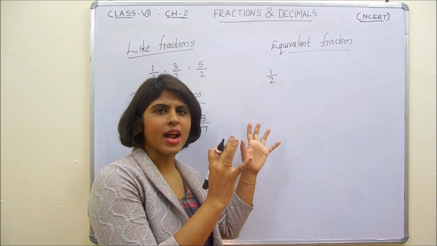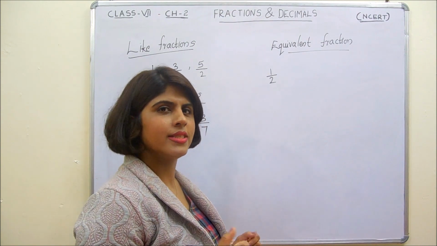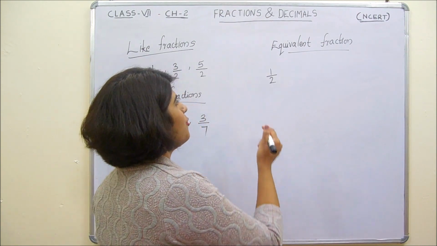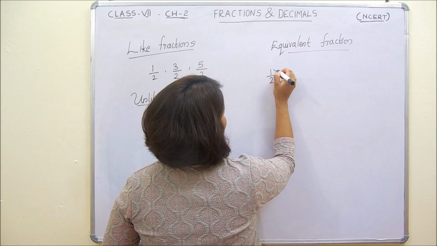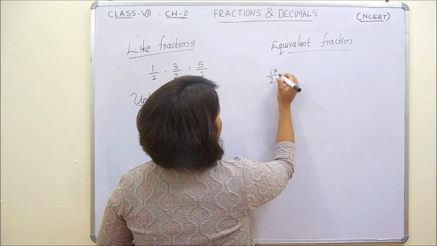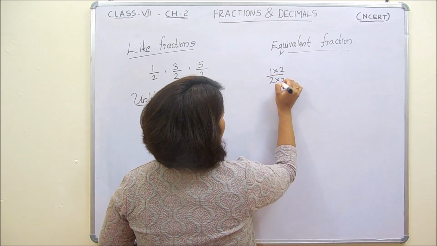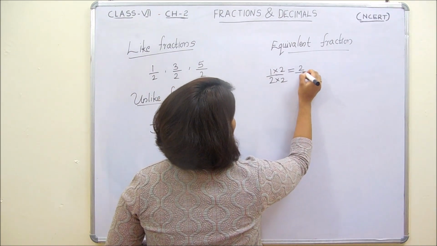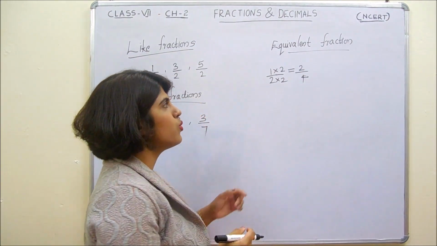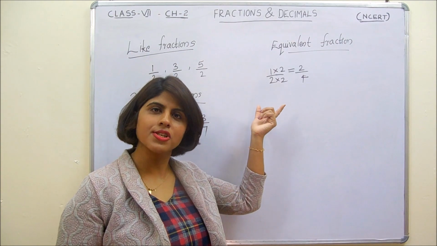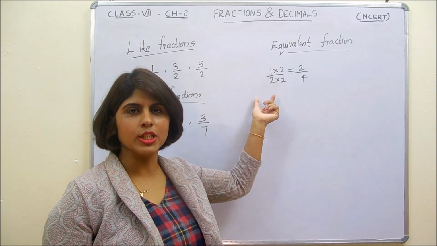Can we find the equivalent fraction of this 1 by 2? Yes, of course. If we are multiplying both the numerator and denominator by the same number, then what will happen? You will get 2 by 4. Then we can say that 2 by 4 is an equivalent fraction of 1 by 2.